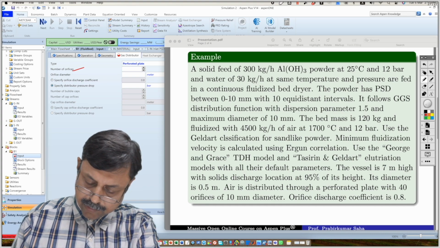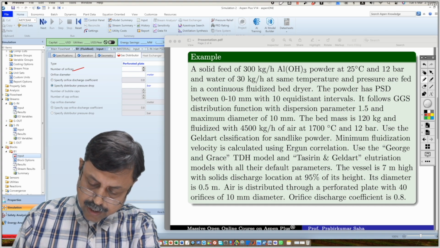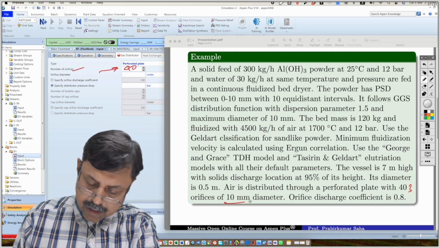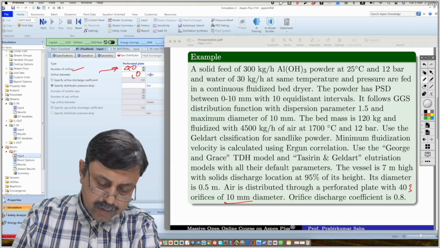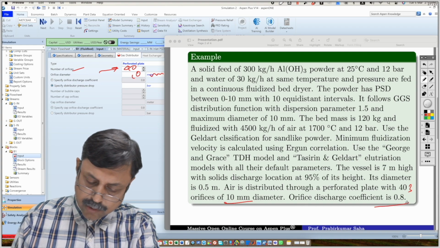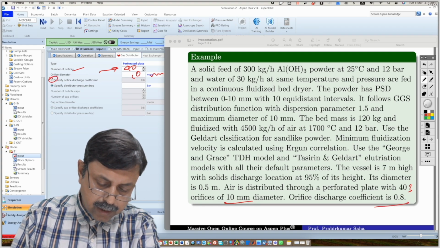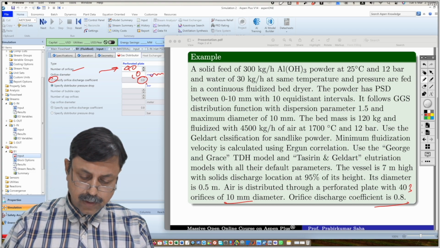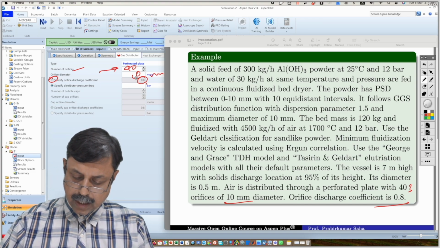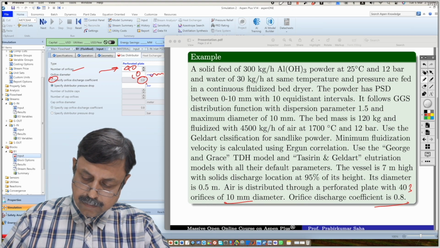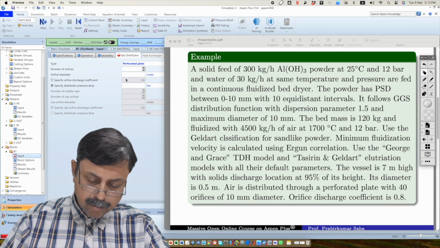Number of orifices 40, so you have to provide this value 40 over here. Orifice diameter 10 millimeter. And the discharge coefficient is given, so you have to provide 0.8 over here. Okay, so 40, 10 and 0.8. So let us type in these values.